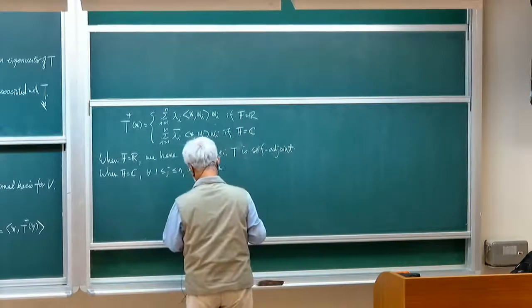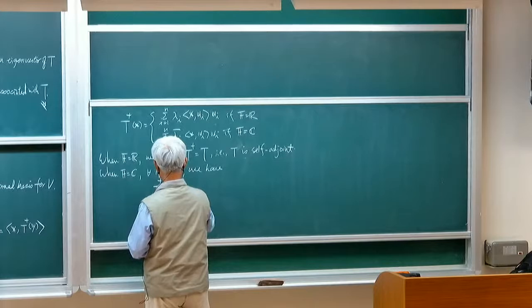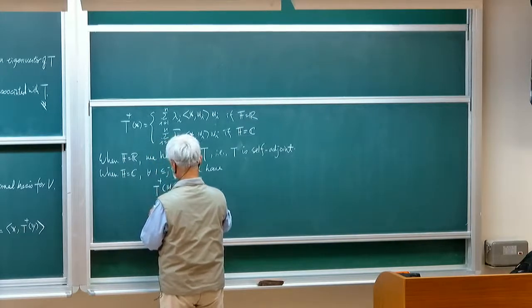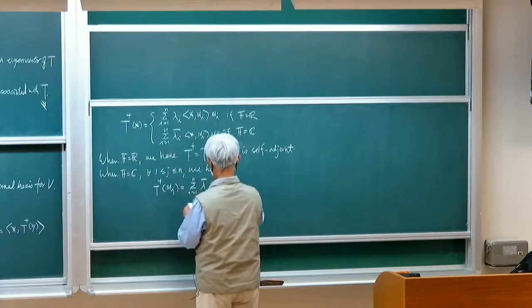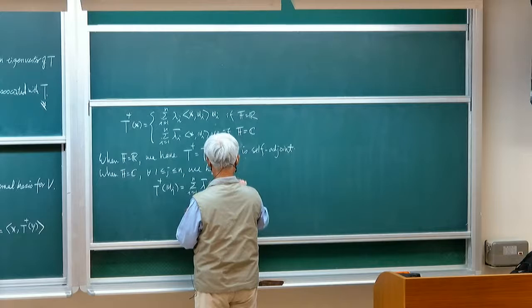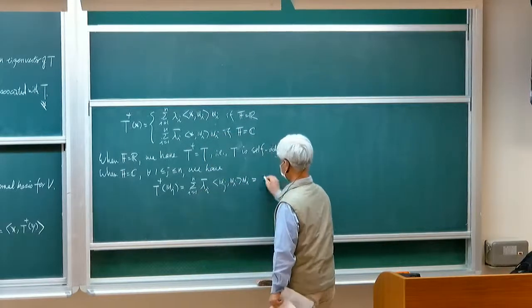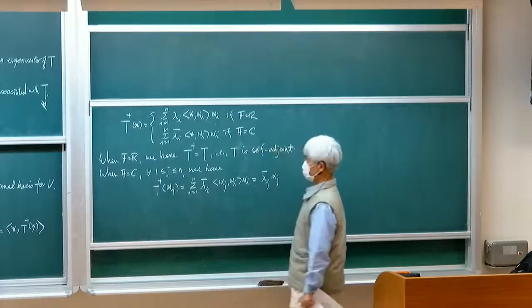Okay. But for T dagger, we find that this is lambda_j bar, u_j.